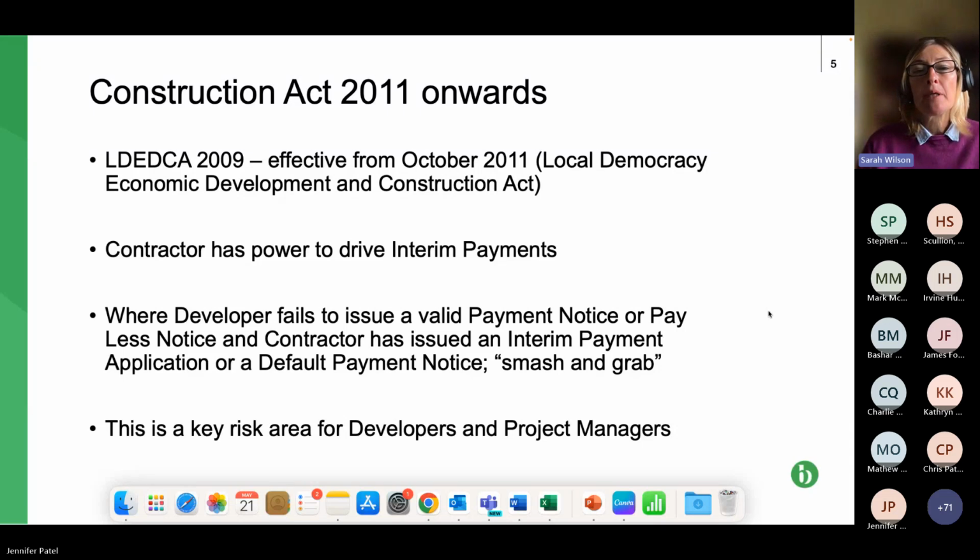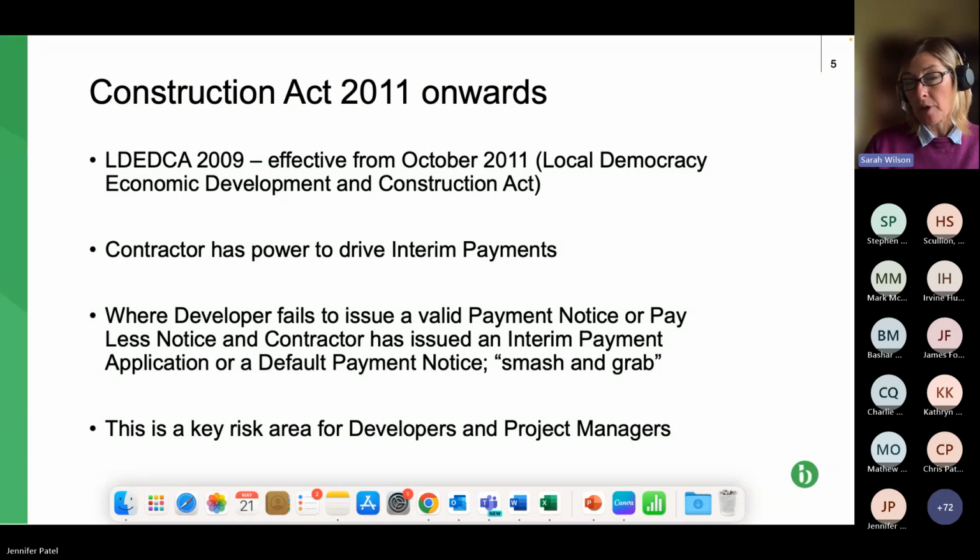And so what you ended up with in practice when this Act was brought in would be the contractor or subcontractor submits an interim payment application. For whatever reason, the paying party would omit, forget to submit a payment notice, and it had a second bite of the cherry, a pay less notice.